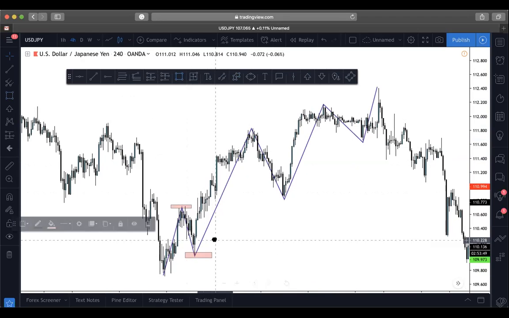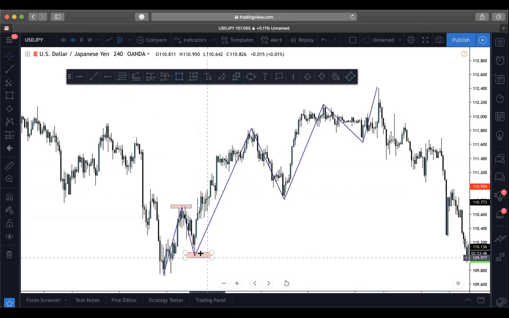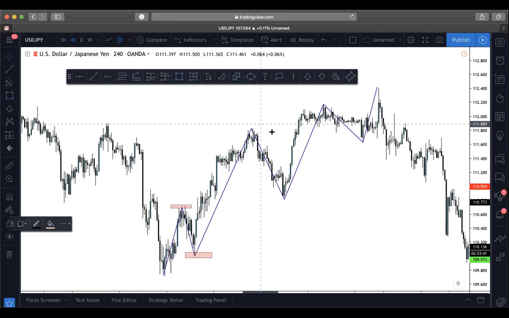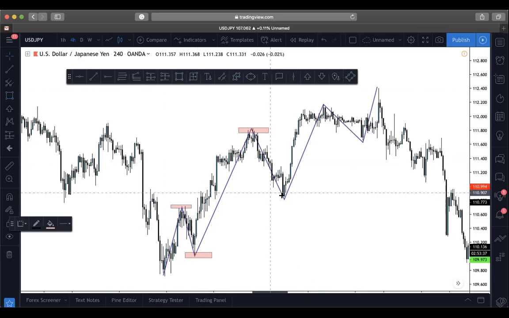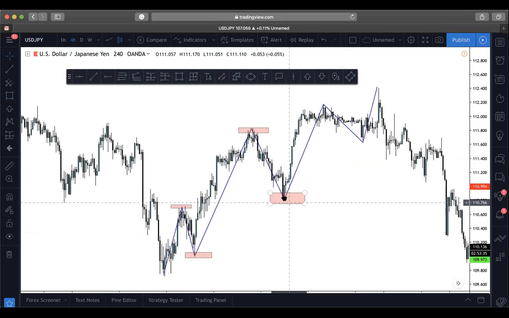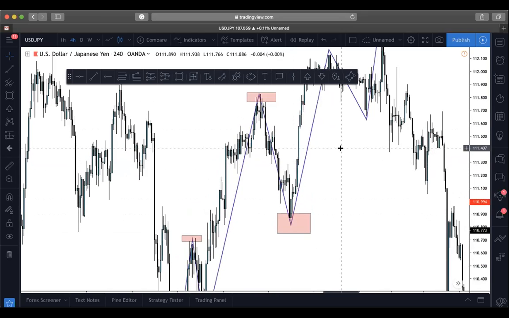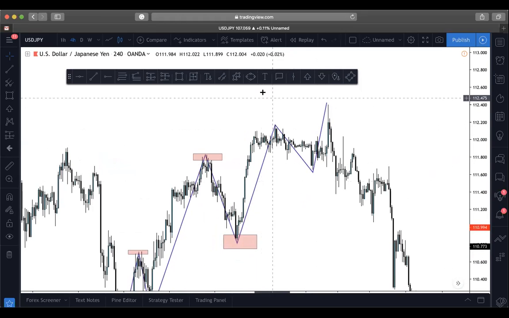The reason why this was a low is because this was the lowest point before the market pulled back and surpassed the previous high, right? This is the high, and this is the low. The reason why this is the low is because this is the lowest point before the market pushed up and surpassed the previous high, right? And this is the highest point before the market pulled back.